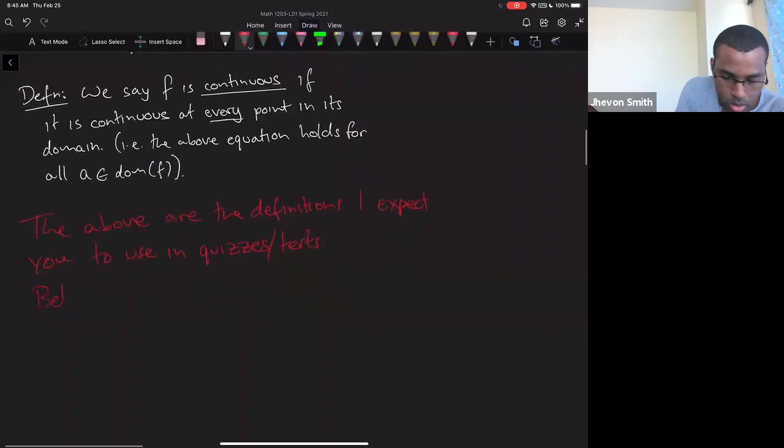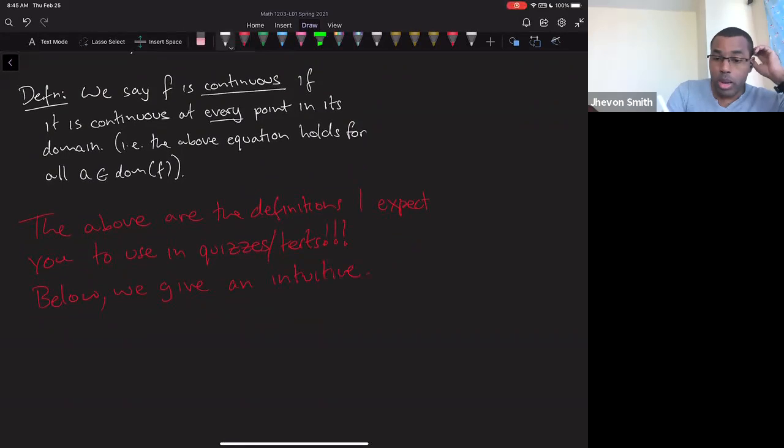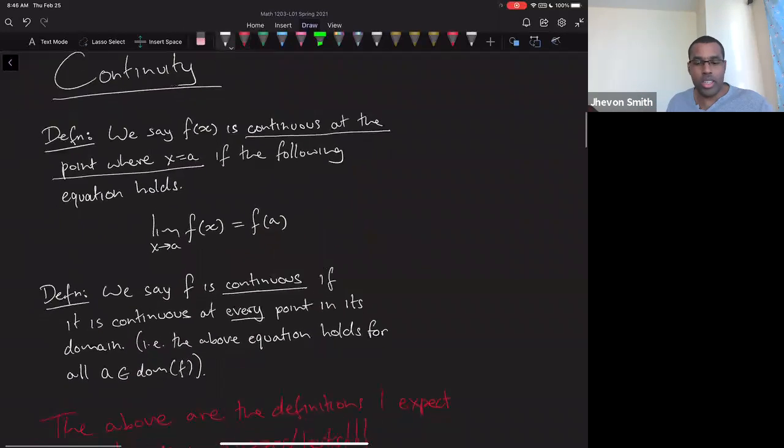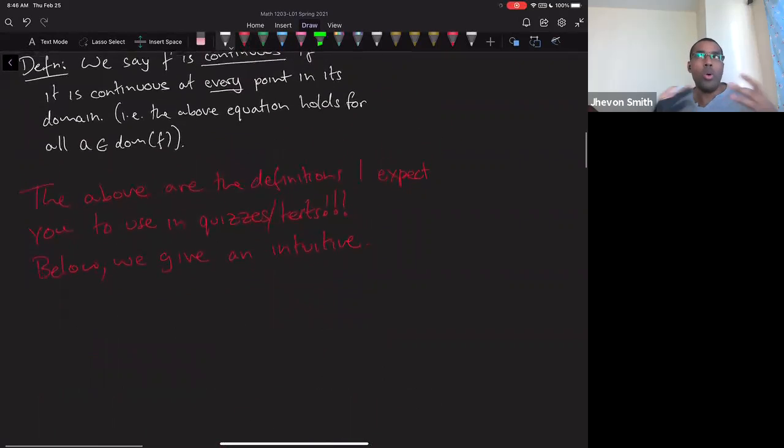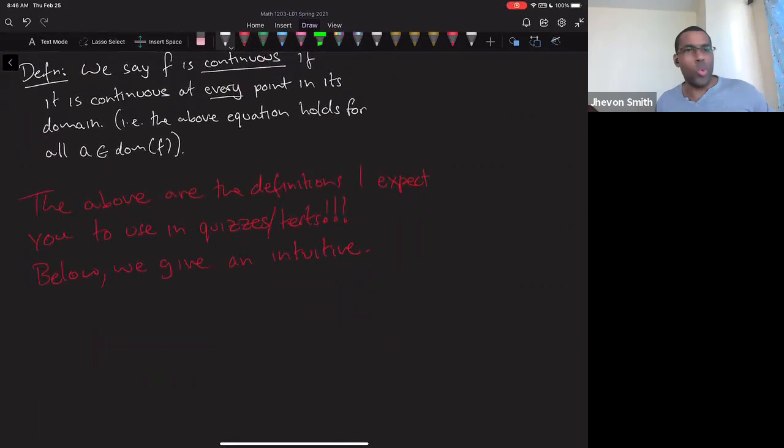Below, we give an intuitive definition, because sometimes I'm also going to ask you questions when I'm giving you a picture. So you might not want to actually check an equation. You might want to know, what does continuity really mean? What do I know to look for? And that's what I also want to give you now.